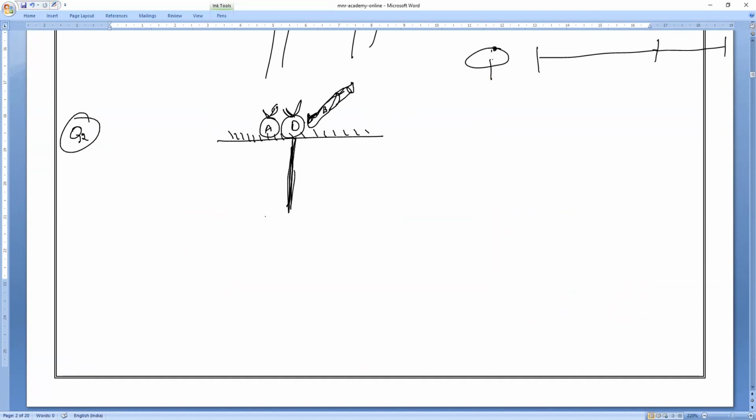The string has a break point, or the maximum tension it can attain, which is T equals 1000 Newton. It can sustain a maximum of 1000 Newtons, clear? And there is a boy who is trying to climb this to get this apple, orange, and banana.